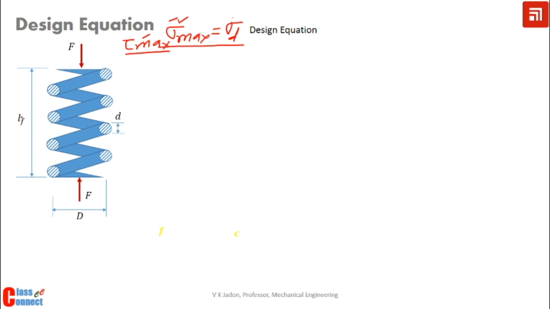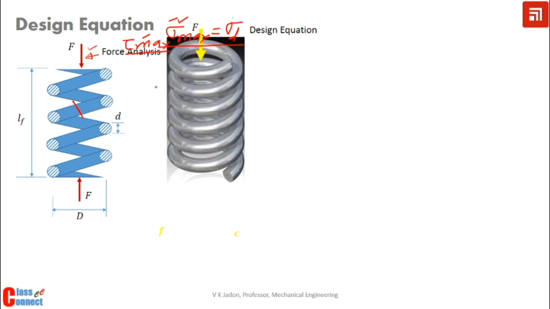As we can see here, this spring is subjected to axial compressive load, and we have to identify what is the effect of this axial compressive load in the spring wire. To understand this, we have to look at this particular figure, which gives an idea about where we are applying this load.